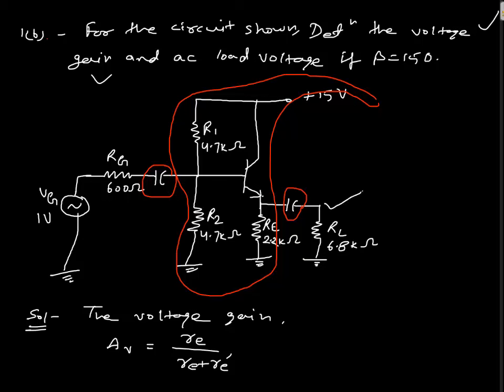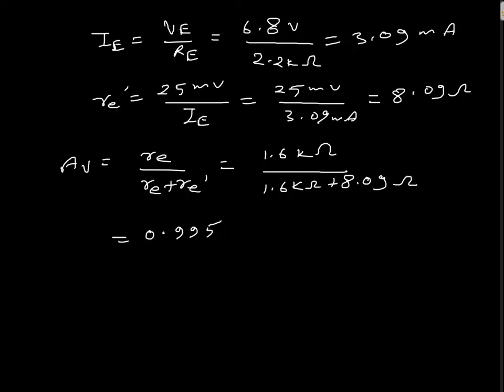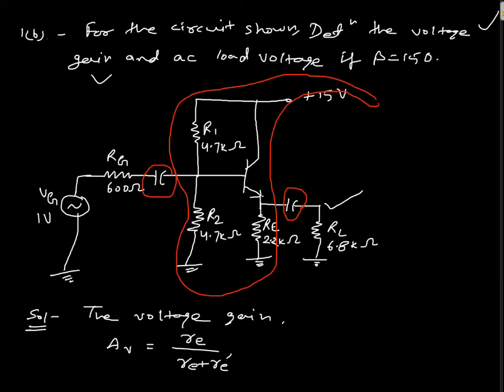The AC load voltage or the AC output is by formula V out equals AV times V in, where AV is the voltage gain and V in is the input voltage, the voltage at this point.